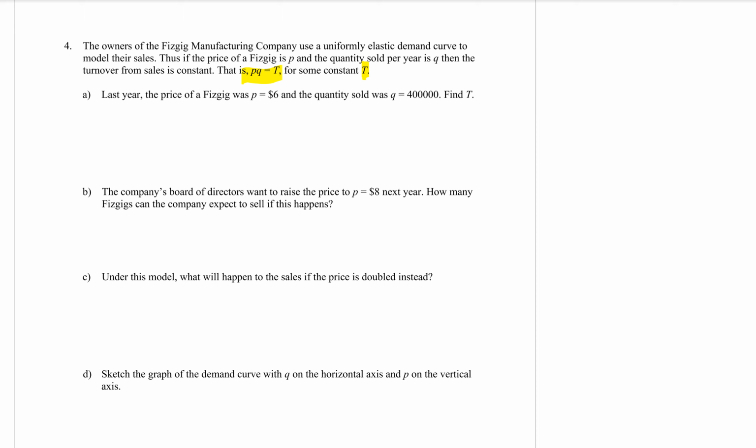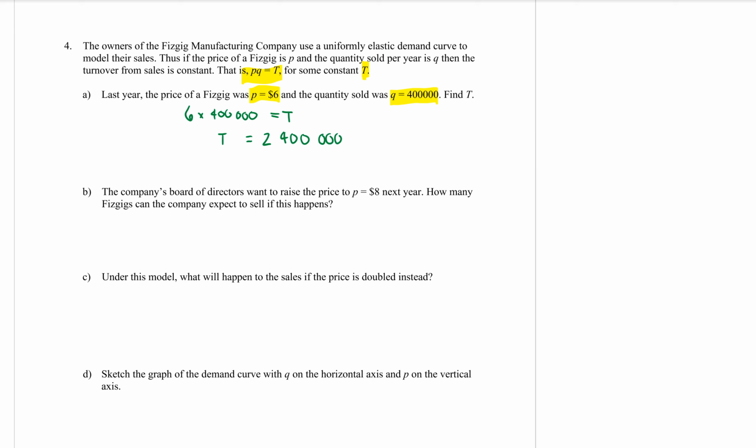Find T. Okay, similar to what we did in the last question, we can sub those values into the equation that we've been given and find T. So that will be PQ, so P was 6, Q was 400,000 equals T. So when you times those together, you get 2,400,000. That's our constant.